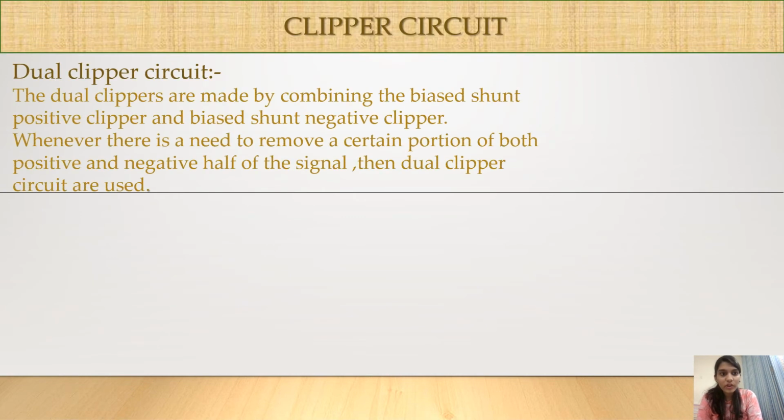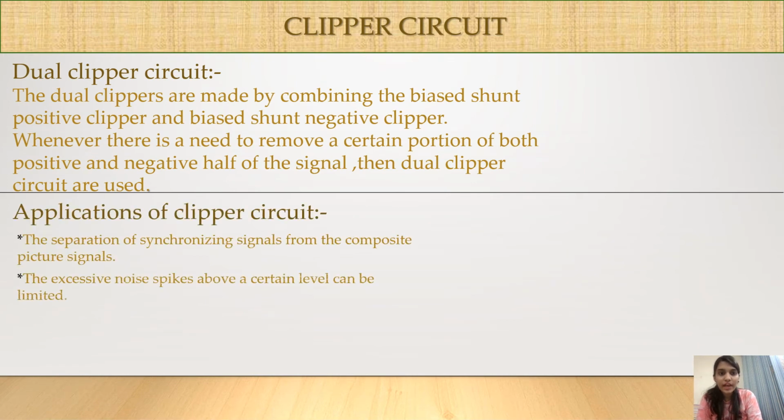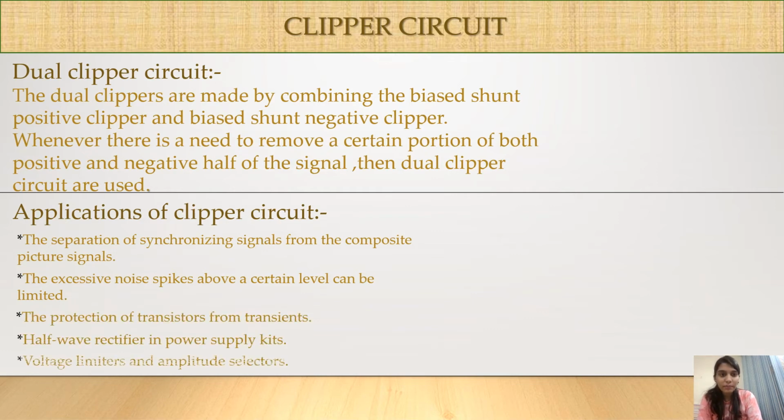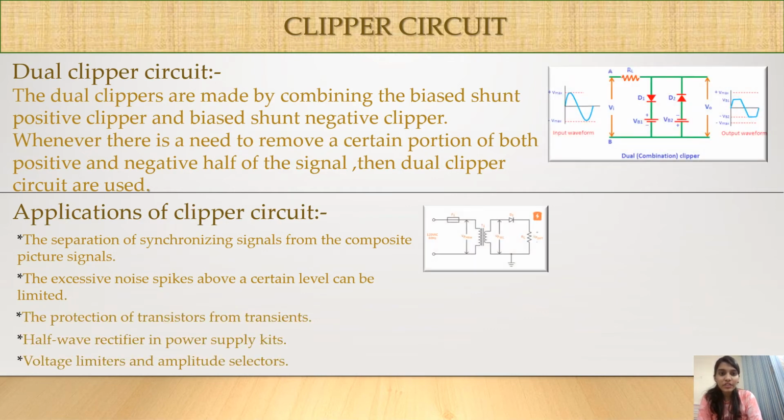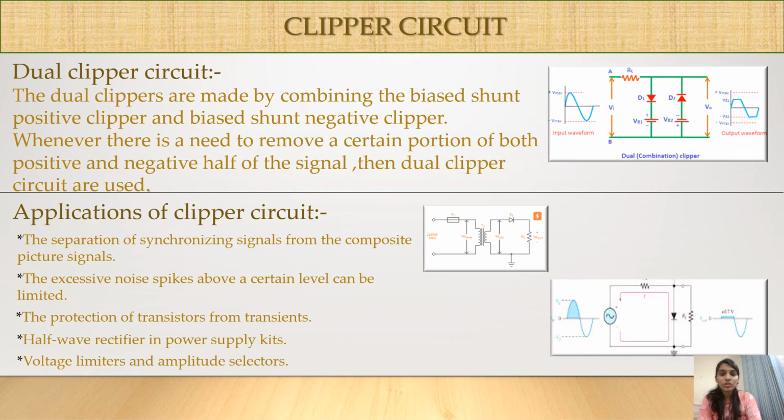So now, what is a dual clipper circuit? Dual clippers are made by combining the biased shunt positive clipper and biased shunt negative clipper. Whenever there is a need to remove a certain portion of both the positive and negative half of the signal, then dual clipper circuits are used.